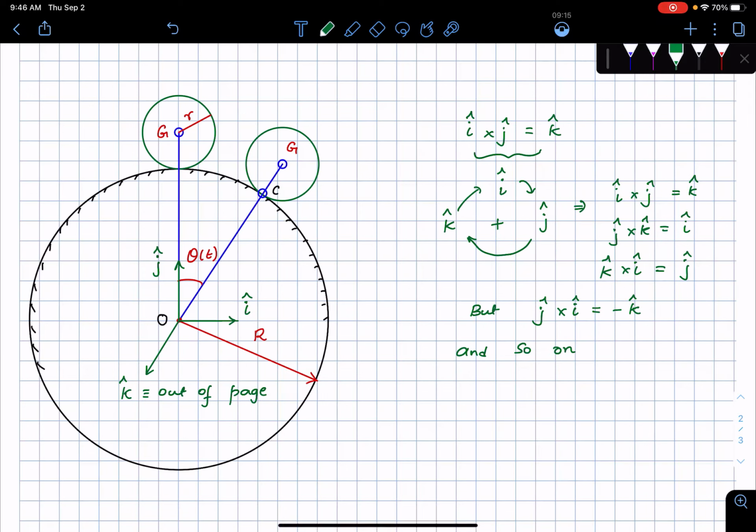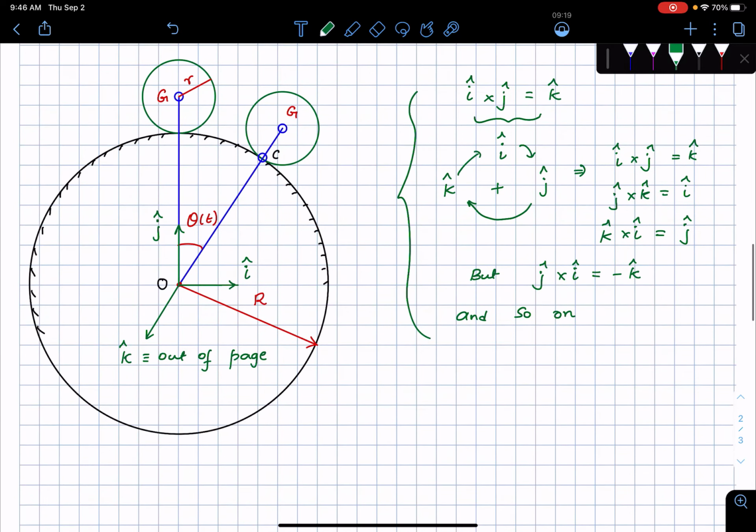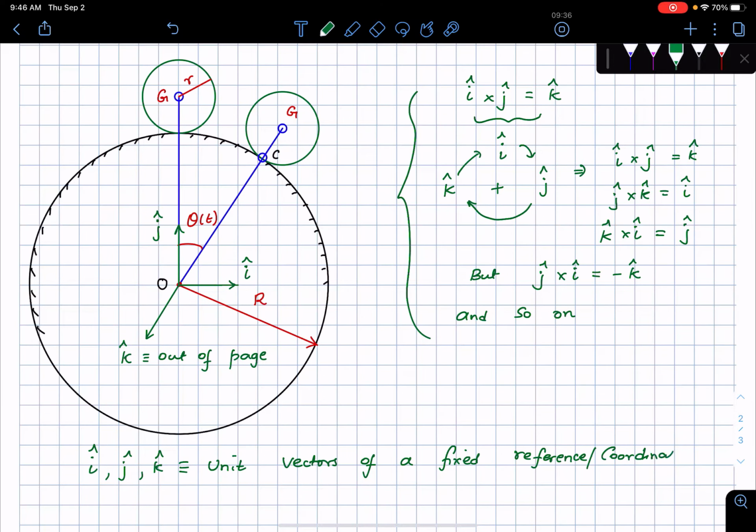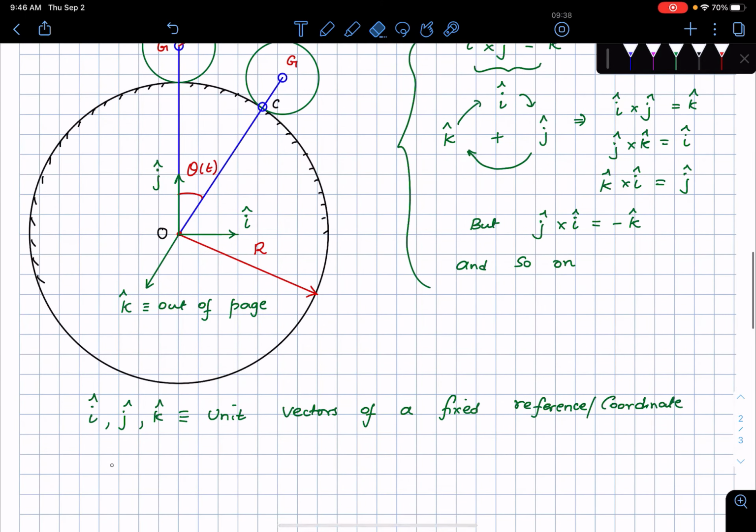So this is essentially the triad, and I hat, J hat, and K hat are the unit vectors of a fixed reference or coordinate frame at point O, which itself is a fixed point.